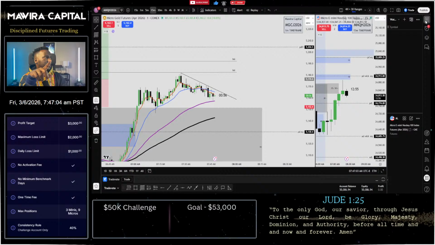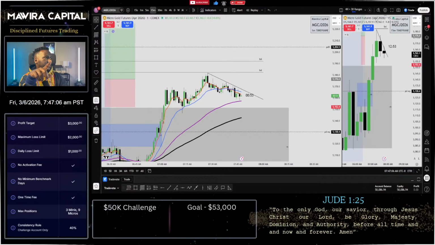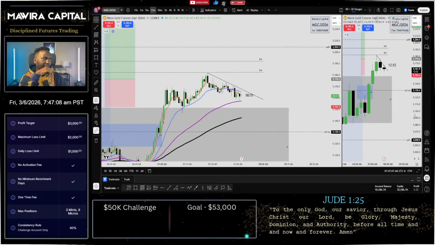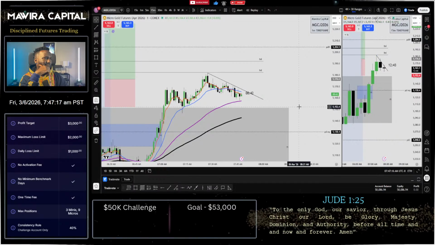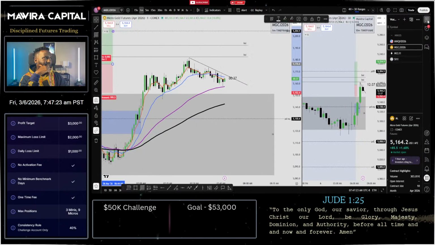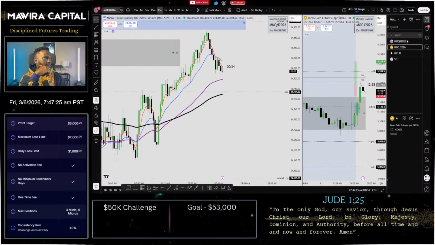Let me change this to gold real quick because that's what I want to take right now. Oof. Tricky. We have a fair value gap here. If only we could come down and touch it. Is that asking for too much? Could be. Let's change this to NQ.